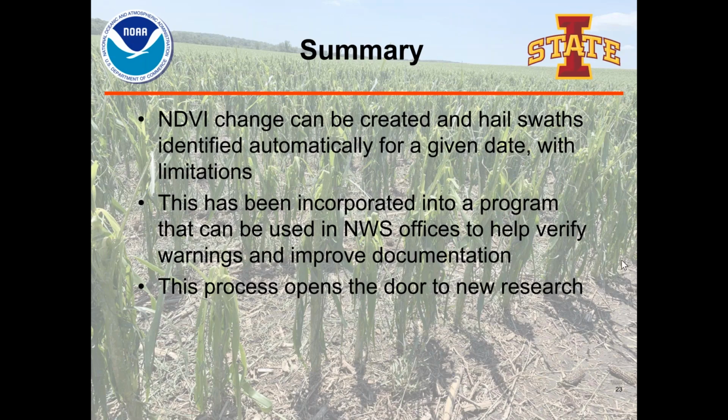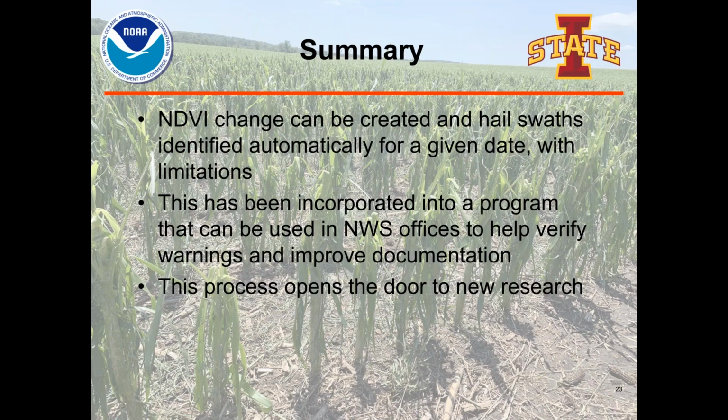And then one other thing that I wanted to mention was sort of in its early stages right now. It's not like you can see these swaths and just go straight to verifying damage, because it's not proven to be that reliable that you can just go and verify a warning from it.